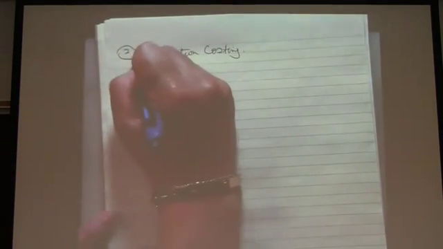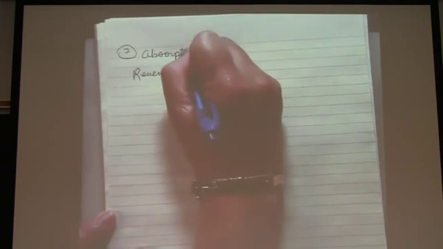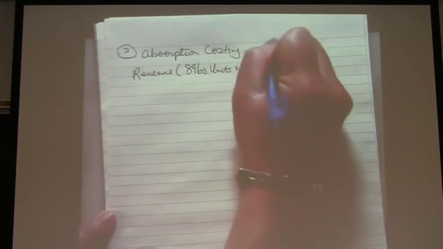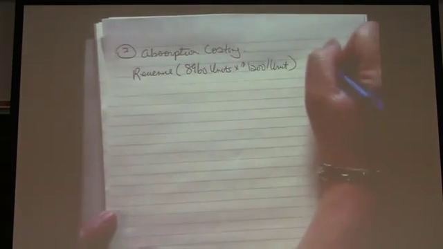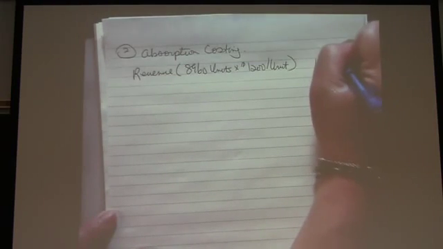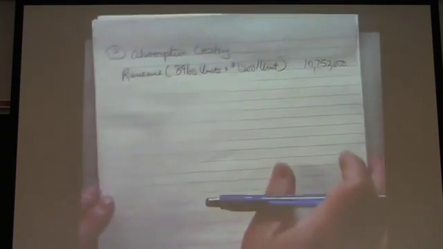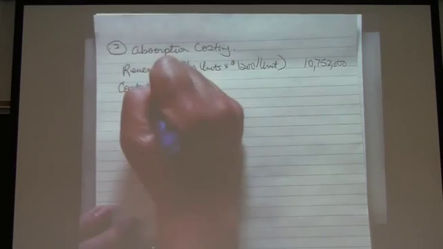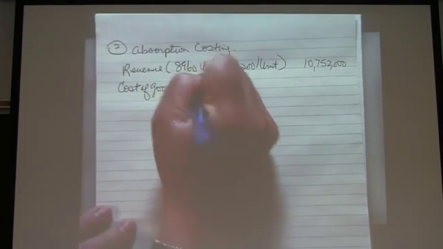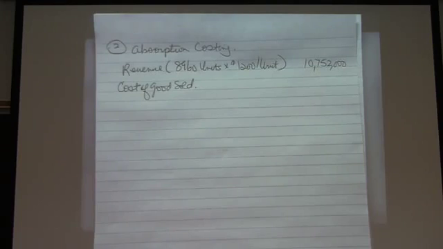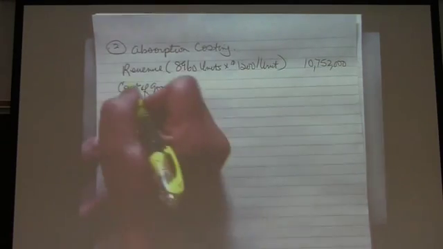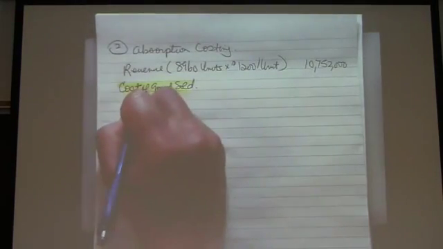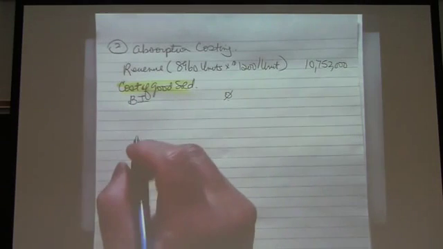So you've got revenue, and it should be the same as variable costing. But this time we're going to calculate cost of goods sold, which is a combination of both fixed and variable. So starting with beginning inventory, that would be 0. We saw that, right?